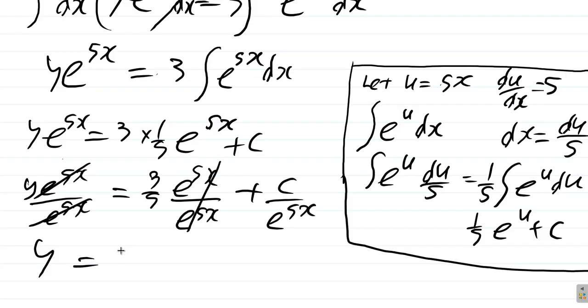This will cancel itself too. So you have 3/5 plus c over e to the 5x. Yeah, c over e to the 5x.